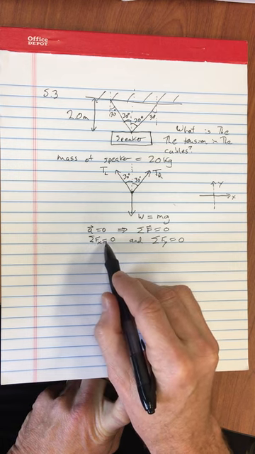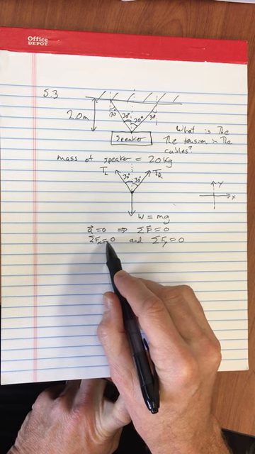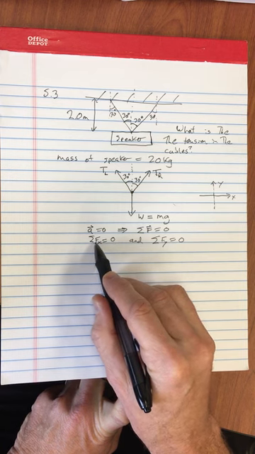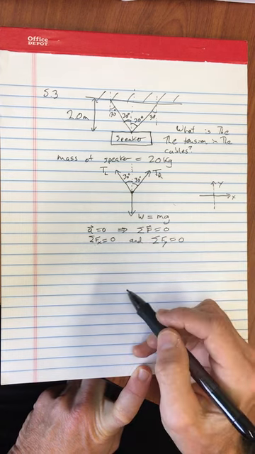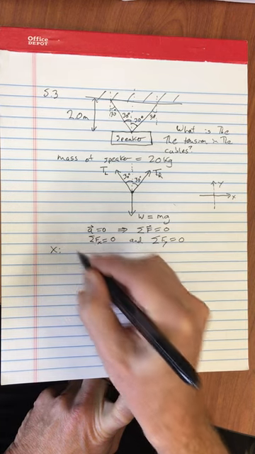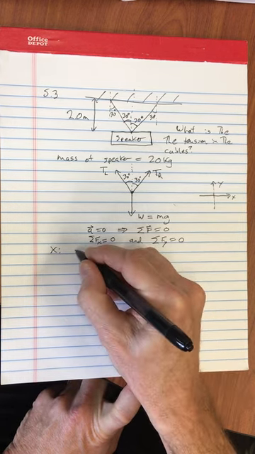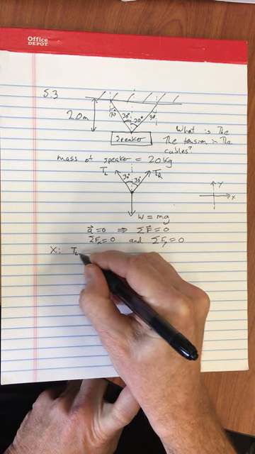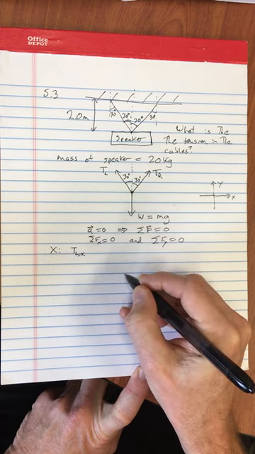So this represents an equation with a bunch of pieces in it, where each piece in there is the x component of one individual force. So let's identify the x components of all these forces. So what's the x component of TL? I'll call it TLx.